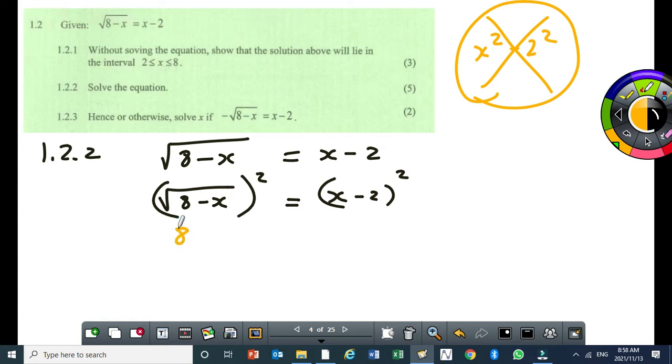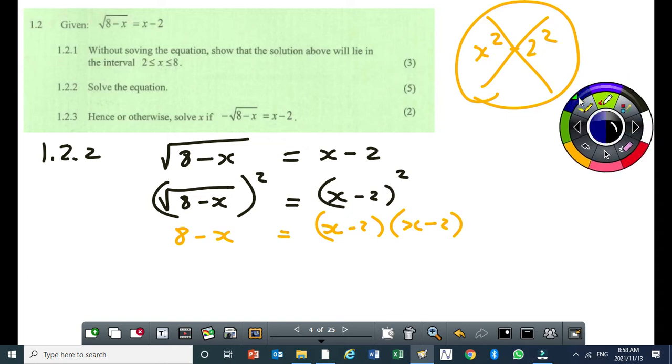Right? So on the left, you get 8 minus x. On the right, you get x minus 2, all squared. Okay, I can do this in my head, but I don't want to do it because I need to make sure that everybody in the room understands where I'm going to get the trinomial. So this will be 8 minus x is equal to x squared minus 2x minus 2x plus 4.